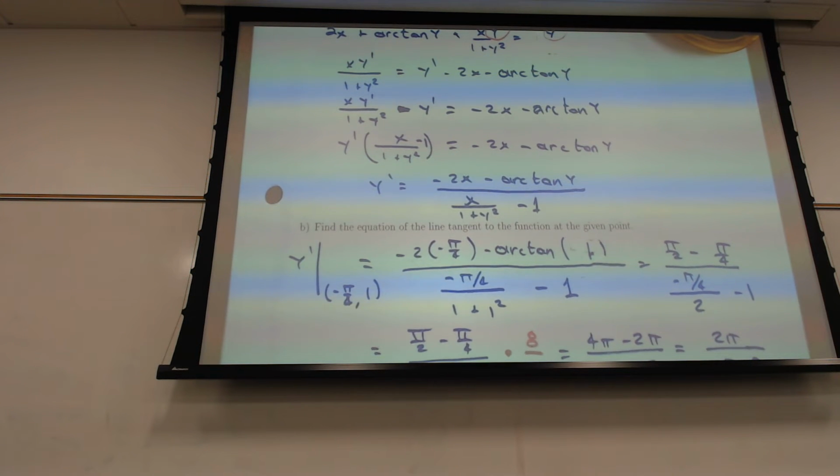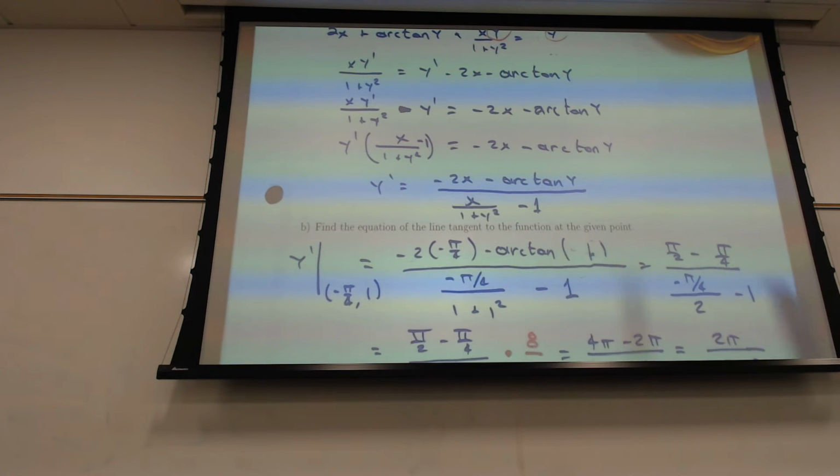Yeah, so at that step, I would have inside the parentheses 1 minus x over 1 plus y squared, and then on the opposite side, it was positive 2x plus arctan y. Oh, okay, I see. So you got this reverse. That's the thing. So yes, you should get the same answers in the end. I don't because in this case you're getting the opposite of the numerator and also the opposite of the denominator. So as long as those operations are done in the numerator and in the denominator as well, then that doesn't have to change the value from opposite to negative. So we can have a closer look at that at the end of class if that's fine.